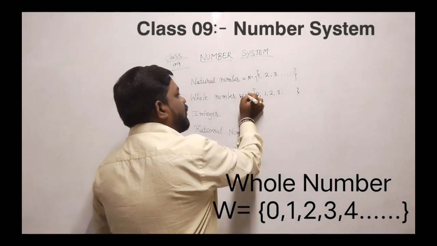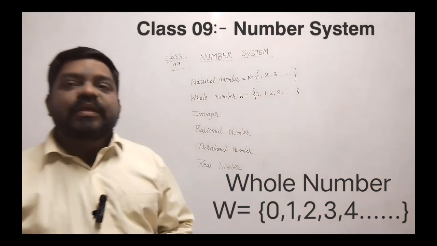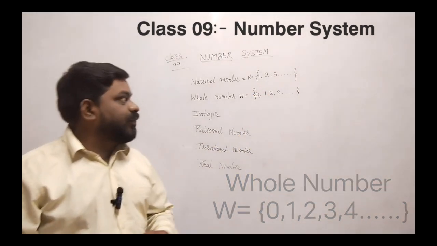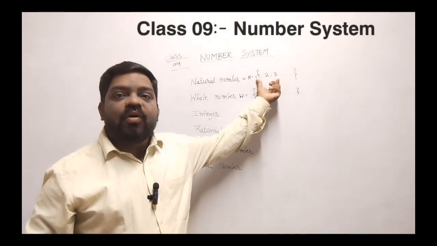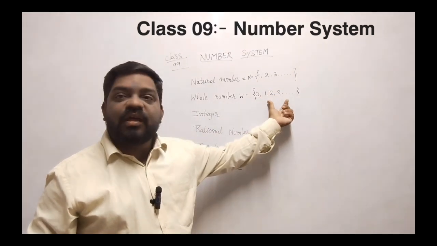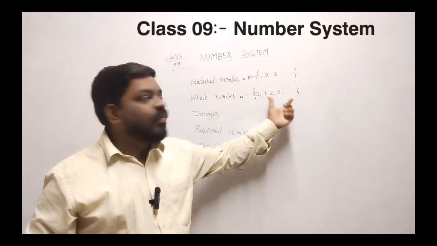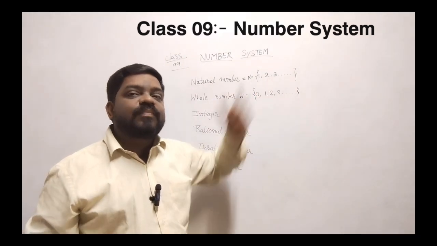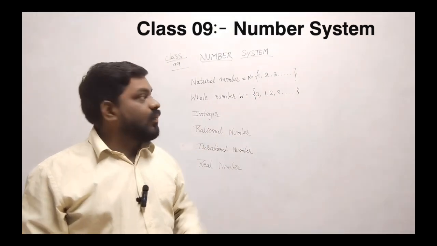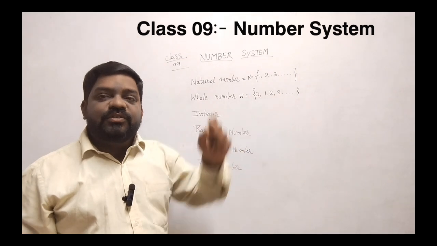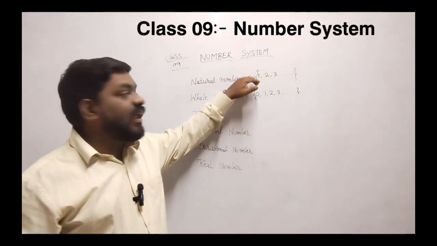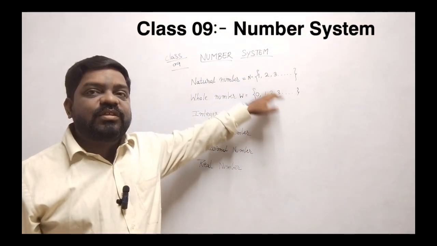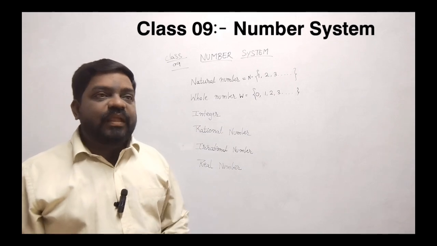Usually we denote the whole numbers by capital letter W. So all the natural numbers are whole numbers, but not all whole numbers are natural numbers, because in whole numbers 0 is included, whereas in natural numbers 0 is not included.